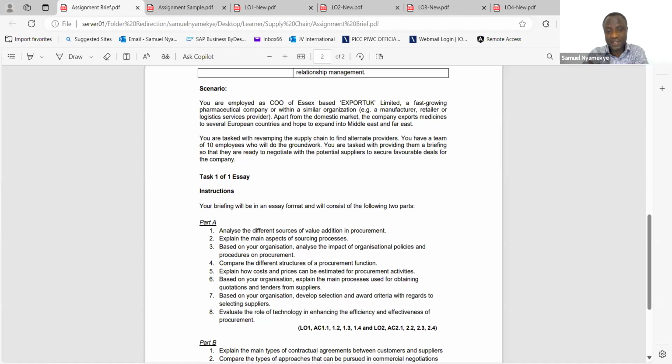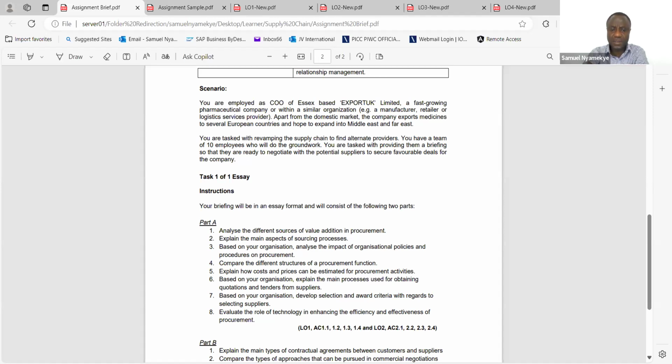And the instruction that goes with this is in two parts. We're supposed to present this in two parts. The first part, which is part A, looks at learning outcome 1, covering all the assessment criteria for learning outcome 1, and also learning outcome 2.